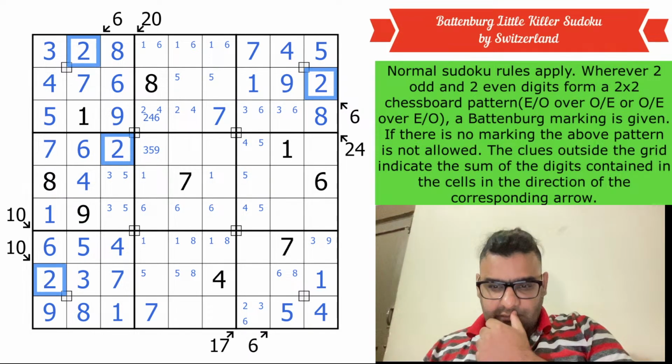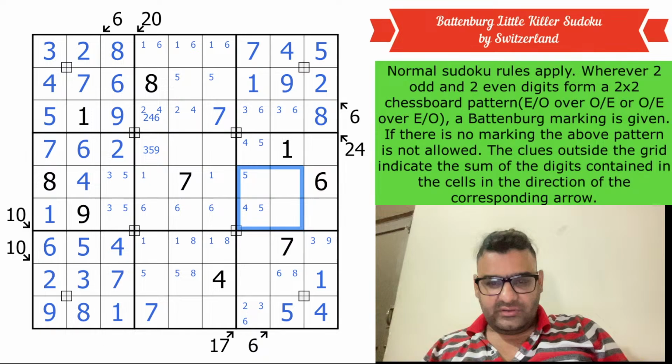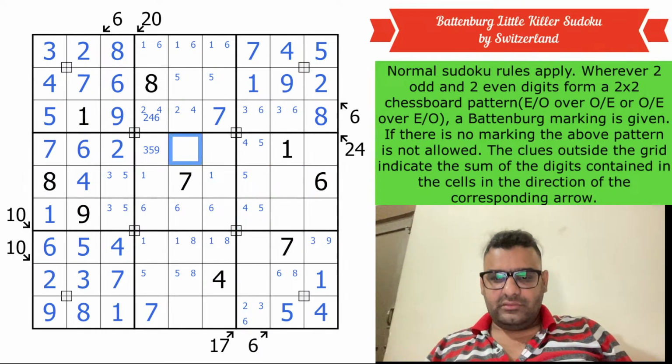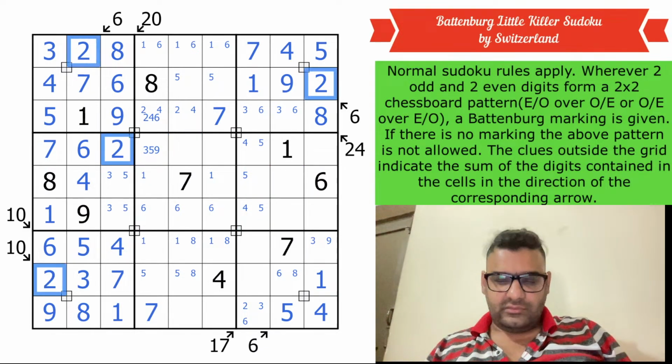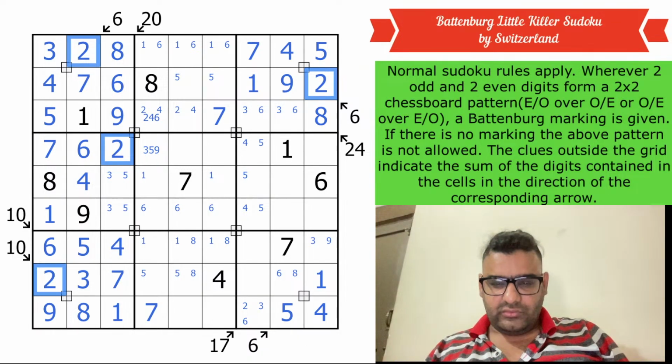Two cannot be here. Two cannot be here. Two cannot be here. So this should get two. No, I am not getting four things in the suggestions. Two can be anywhere.